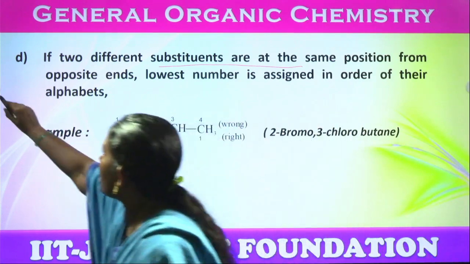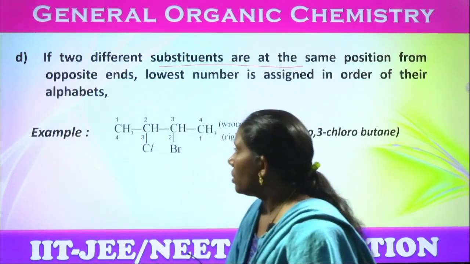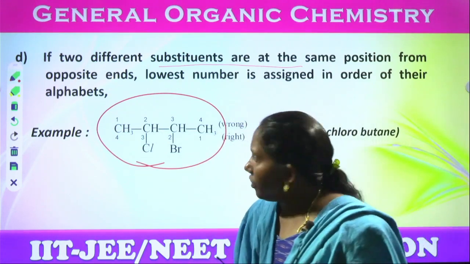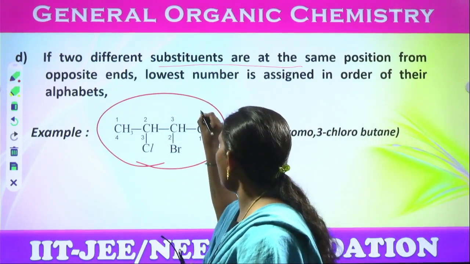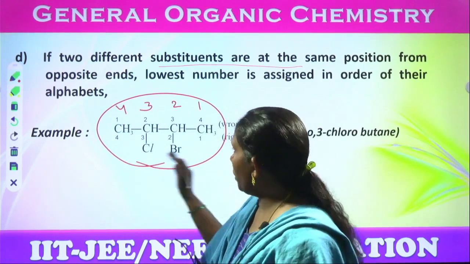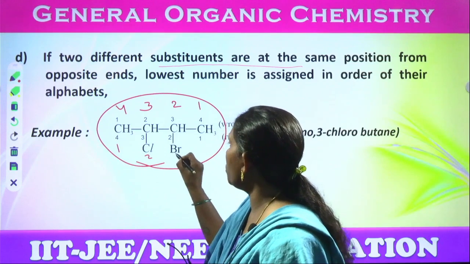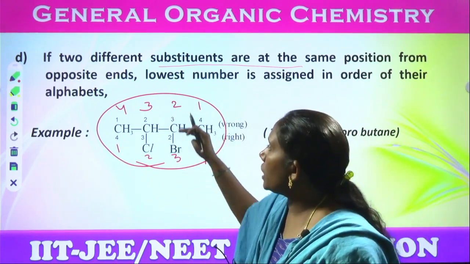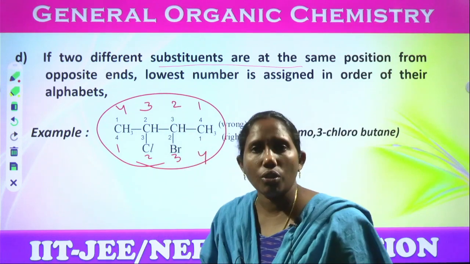Let us see this example. If you give the numbering here, 1, 2, 3, 4. If you give the numbering this side, 1, 2, 3, 4, second position is bromine, third position is chlorine.